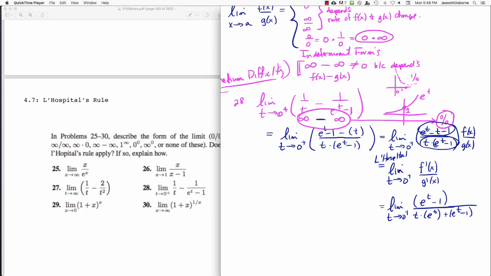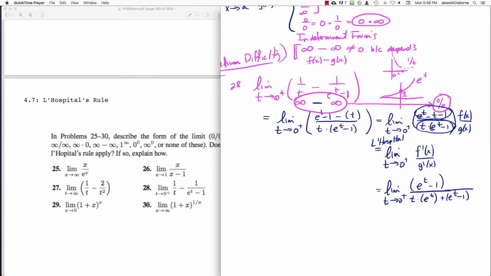Now what happens as t goes to 0? You get 0 on the top, and on the bottom you get 0 plus 0, so 0 in the denominator. So you get a 0 over 0 form.